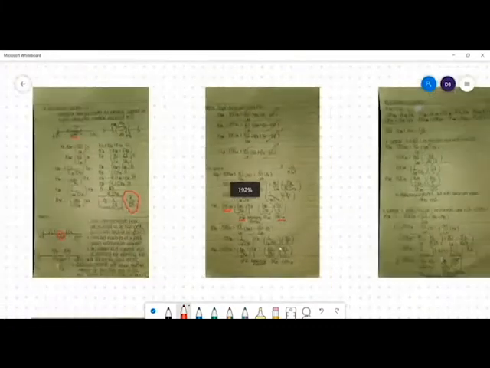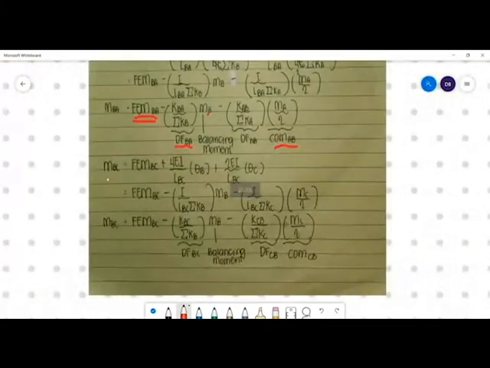Sa MBC naman, same thing will happen. So ganun din sa MBC, may unbalanced moment, so binalance, and then may carry over from the other side.